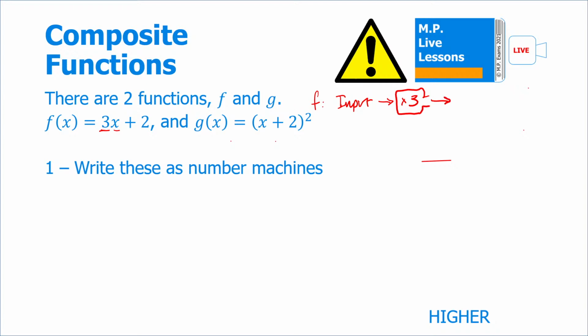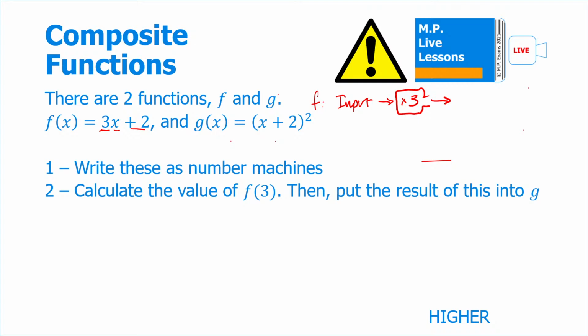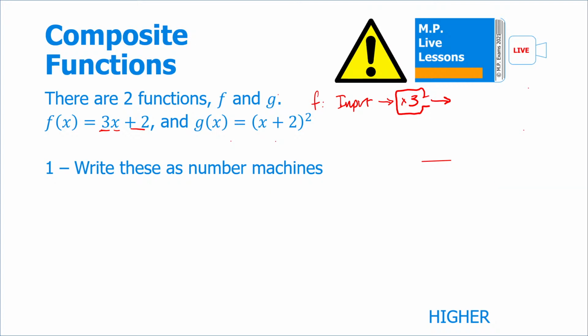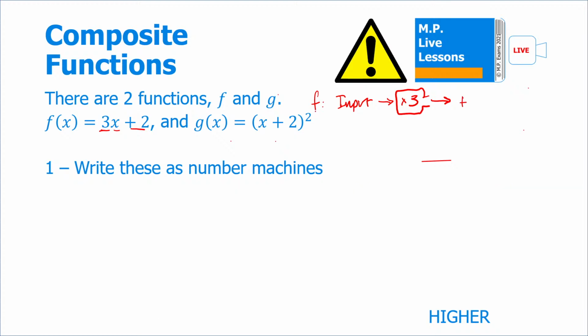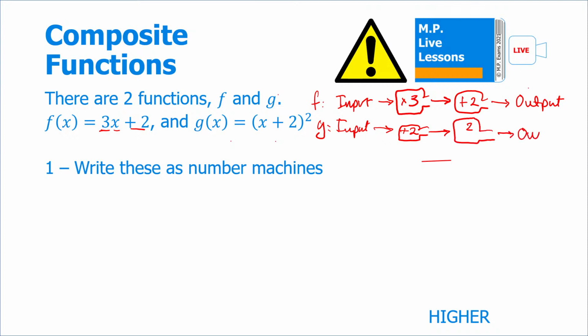Then we feed that into something that will add 2 to it, and that gives us our output. That's f. Now for g, we'll have our input. We'll first add 2 to it, then we'll square it. That's our output.